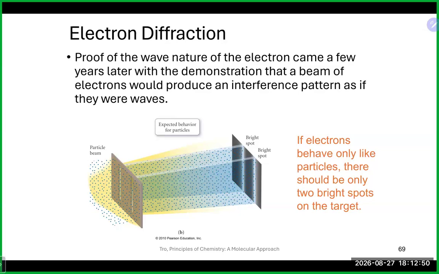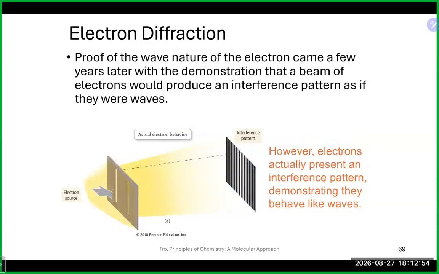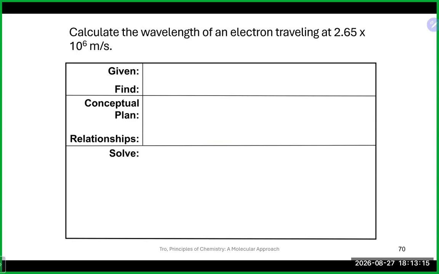They would just shoot straight forward. There was no wave function associated with it. But again, what they saw was this interference pattern where you had a bunch of light spots and dark spots, as we talked about. Here, the waves are adding to each other or subtracting from each other. Again, showing that electrons, which are particles, exhibit some wave-like behavior, as de Broglie thought.